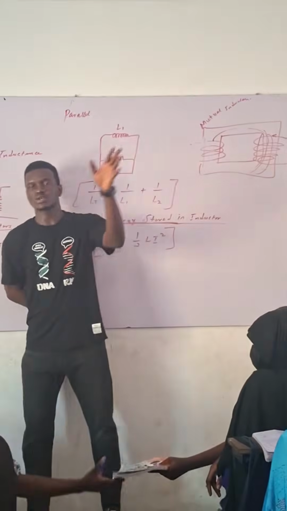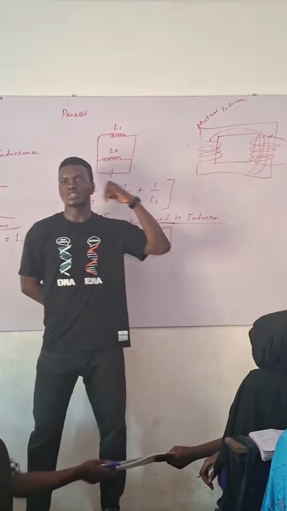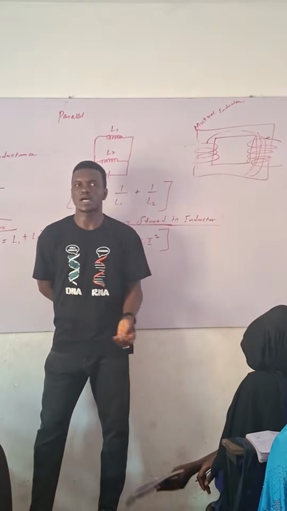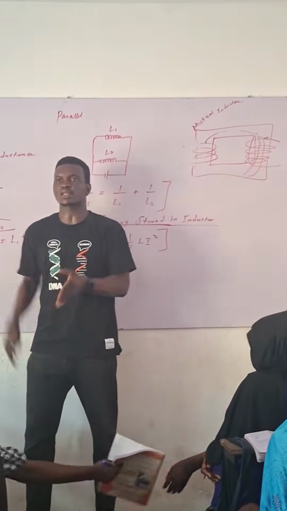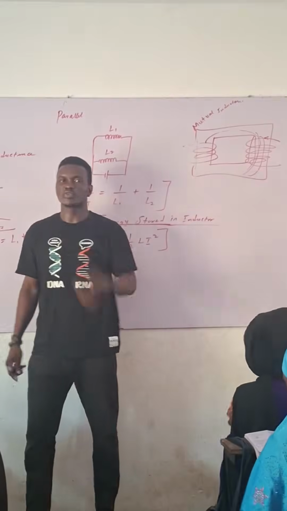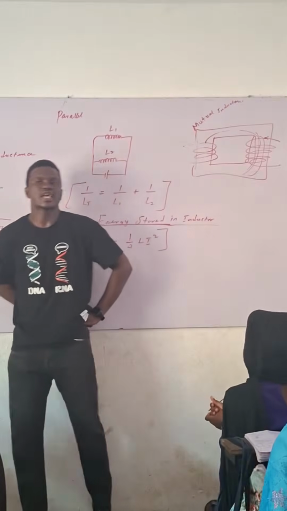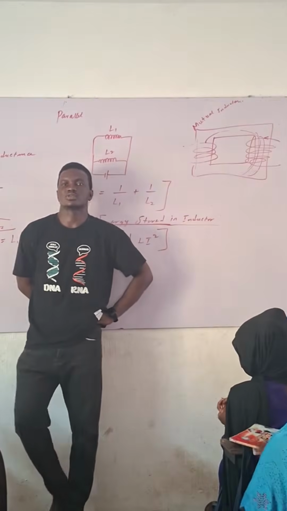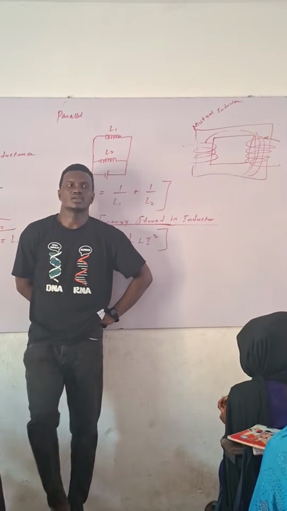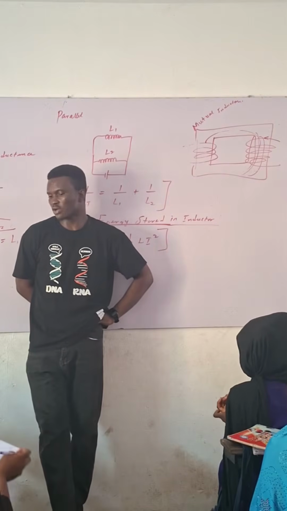So if you have questions on magnetism, let me see, or bring out your past questions so I can give you questions at least on what we have done so far. So by 2:30 I'll give you a break. So you have 30 minutes break. So by 3 o'clock we continue.